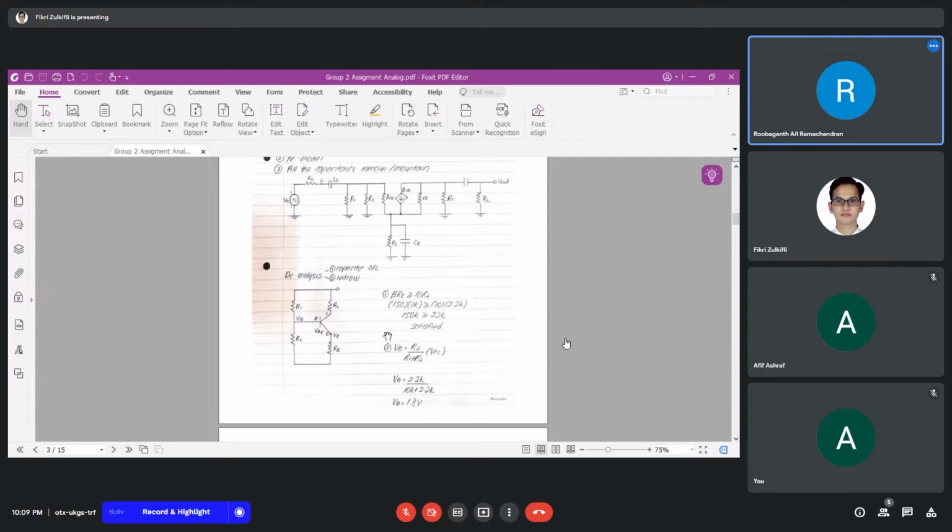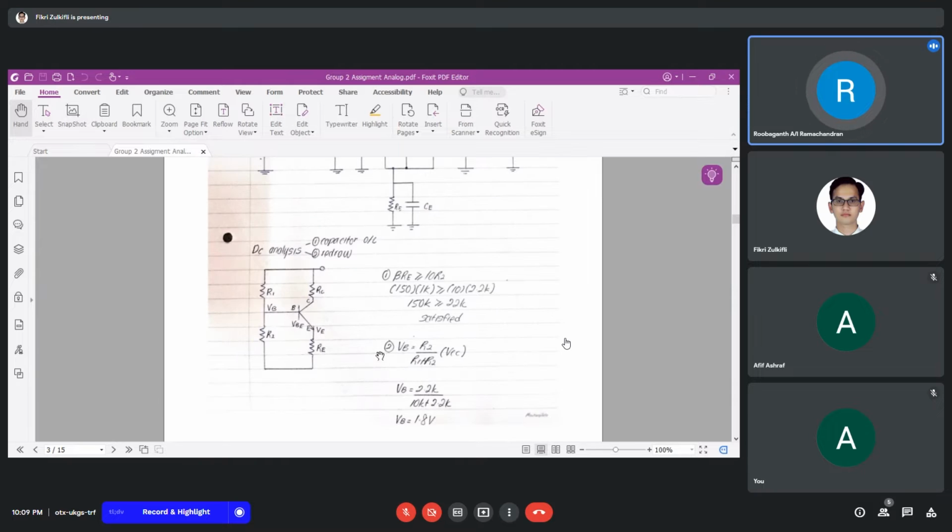Using this, we need to find our VB, where first we check the condition of beta re, where beta re is larger than 10 R2, which is satisfied. By using the equation VB equals R2 over R1 plus R2 times VCC, we get our VB is 1.8.